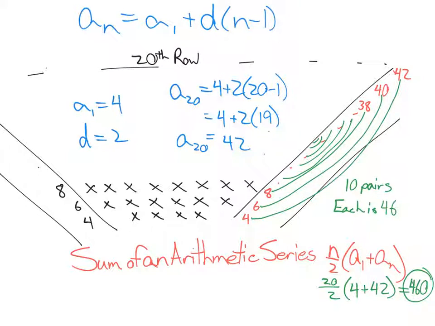All right, so the other type of sequence is geometric. Geometric sequences are different in that we're not adding the same thing every time. We're actually multiplying by the same thing every time.